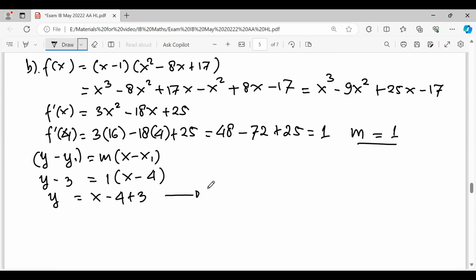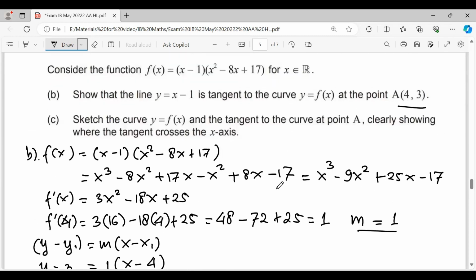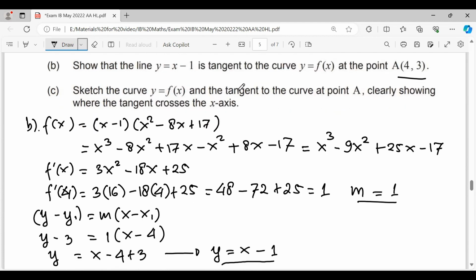So it means the equation of the straight line is x minus 1. Sorry, this is the equation of the tangent. Okay.